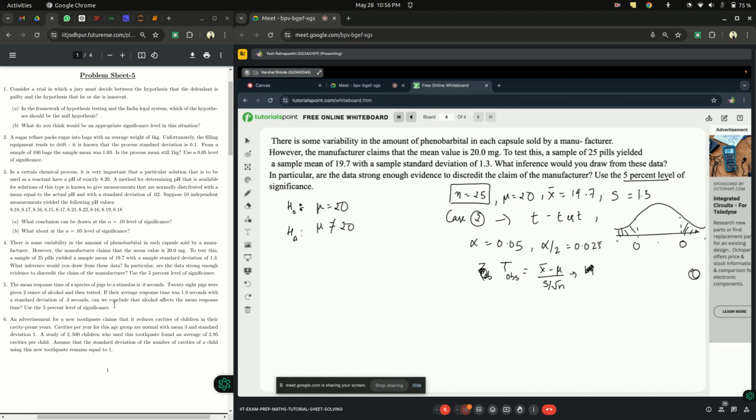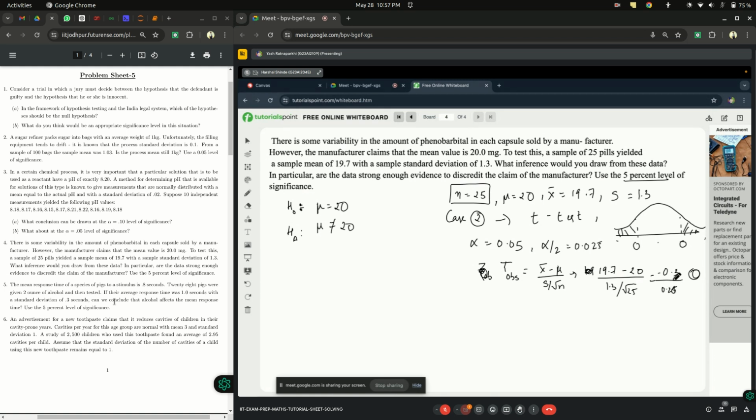It is 19.7 minus mu, which is 20, upon s, which is 1.3, and under root of n, which is under root of 25. So what will I get as the answer? I'll get minus 0.3 upon 1.3 divided by 5. 1.3 divided by 5 is 0.26.